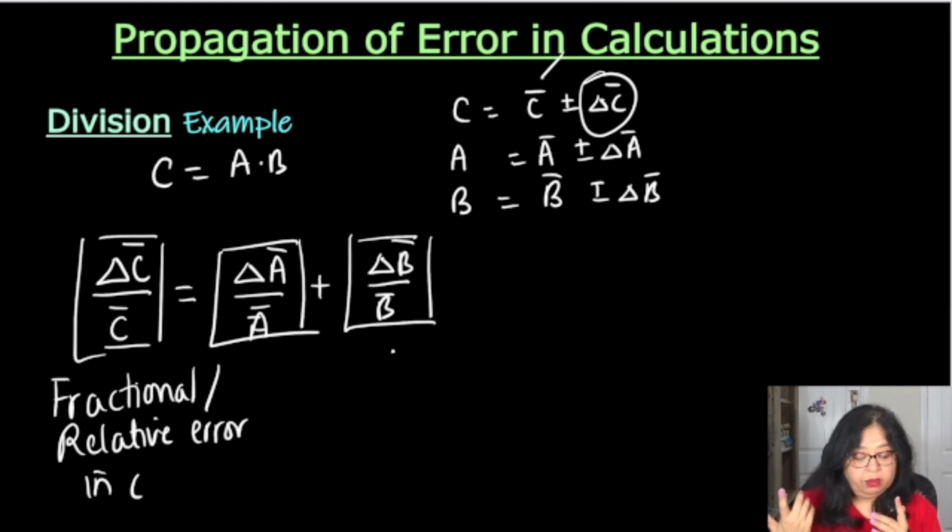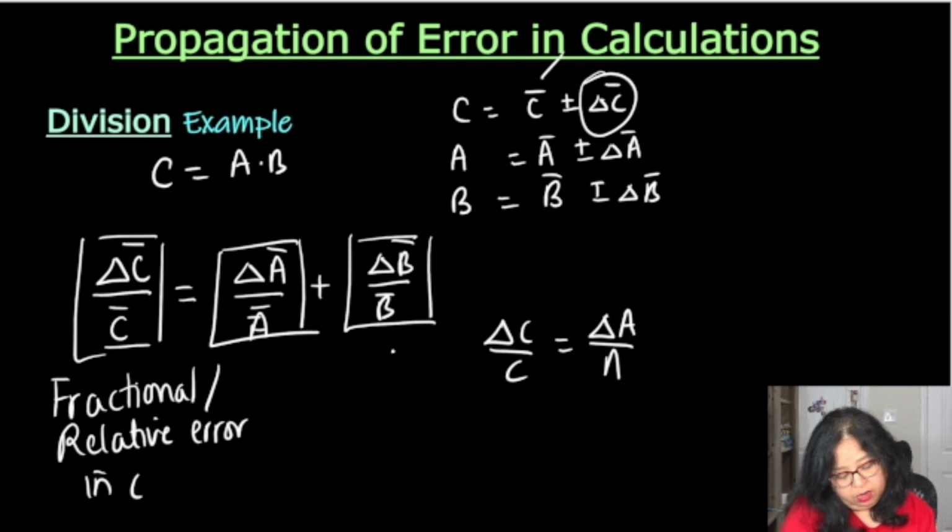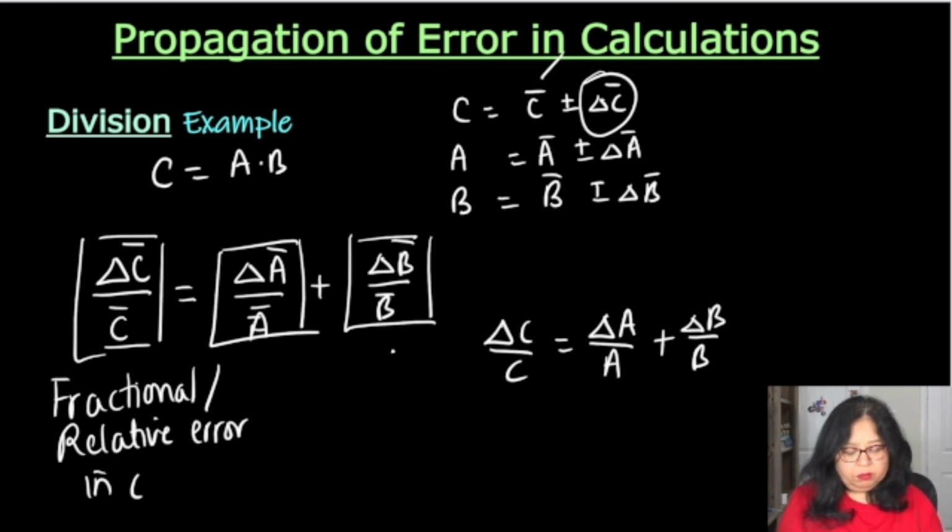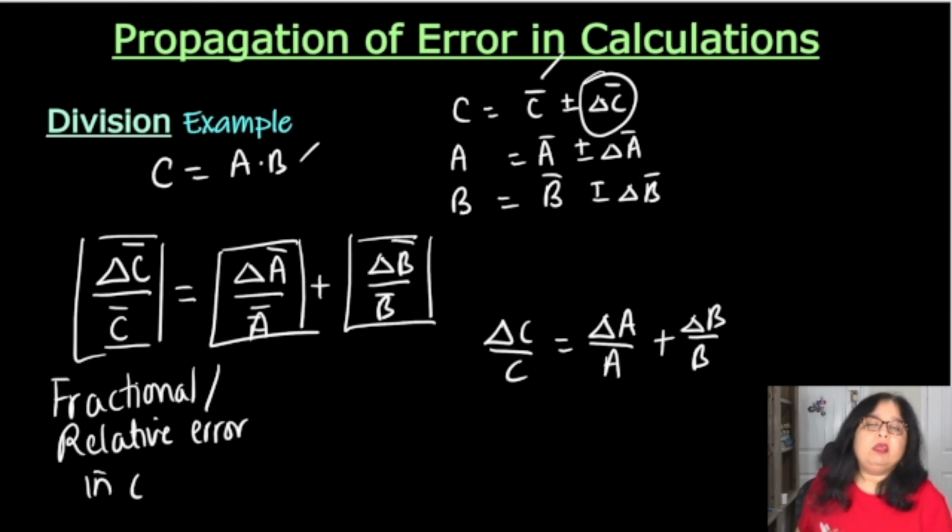Now we can do another thing here. Here's our equation: delta C over C equals delta A over A plus delta B over B. Now how does this equation come about? It comes from doing some differentiation with the initial equation. First, you take the natural log on both sides of C equals AB. And after taking the natural log, you differentiate on both sides.